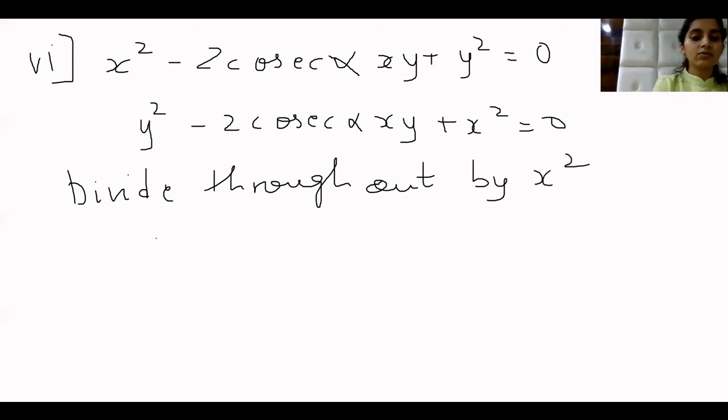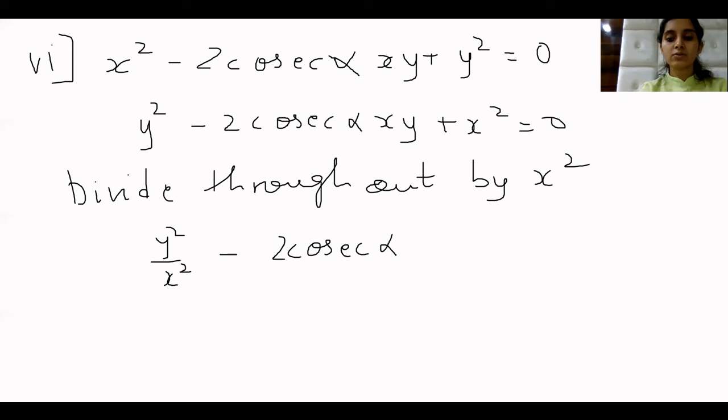So what will I get? y square upon x square minus 2 cosec alpha, now when I divide this by x square, I get y upon x, plus 1 equal to 0.